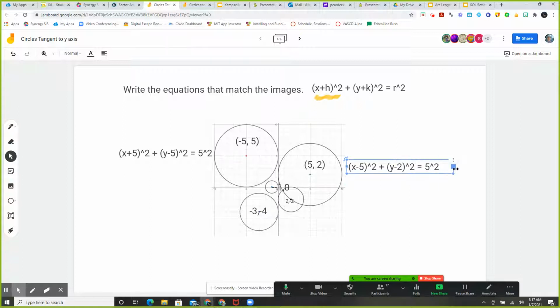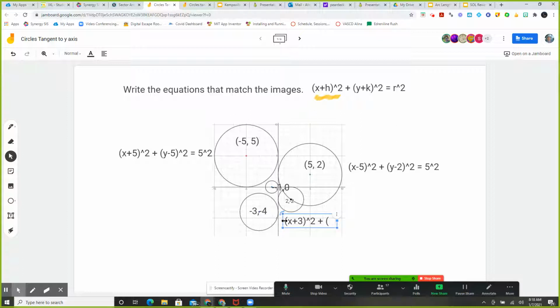Nicely done. What about this negative 3, 4? What should I type there? Somebody else. Is it x plus 3 or x minus 3? Plus 3. Absolutely. So x plus 3, we got to just remember that those signs change.